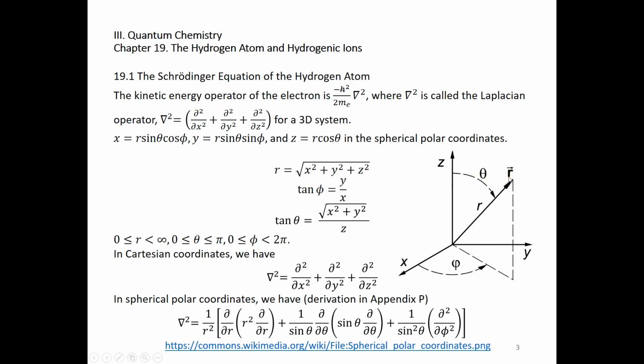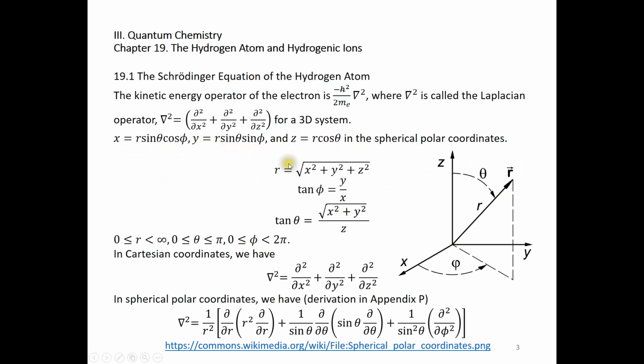For example, here, assuming the center is the proton. But also, we can use the r, theta, and phi spherical polar coordinates to specify the position of the electron relative to the center, which is the proton. In this case, z is r times cosine theta, x is r sine theta cosine phi, and y is r sine theta sine phi.